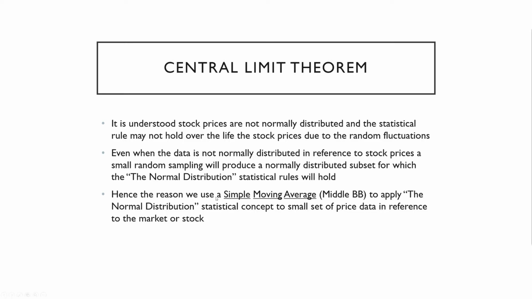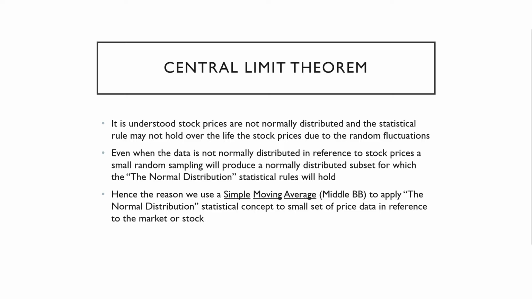But if we take a 20-day sample, the last 20 days of Apple stock prices, now we can apply that normal distribution theorem to those last 20 days, and based off the last 20 days of price action, we can look at, based on the standard 2 deviation of the middle Bollinger Band, if the prices are moving sporadically outside the band and or staying within the band, right? So that's the central limit theorem, okay? And that's how the middle Bollinger Band is applied, all right?